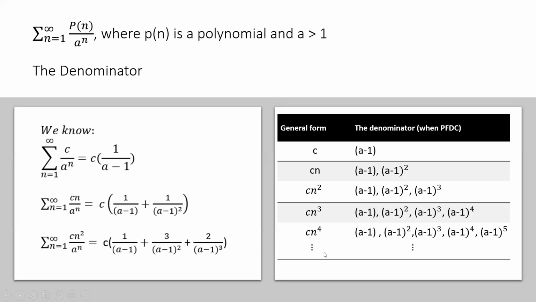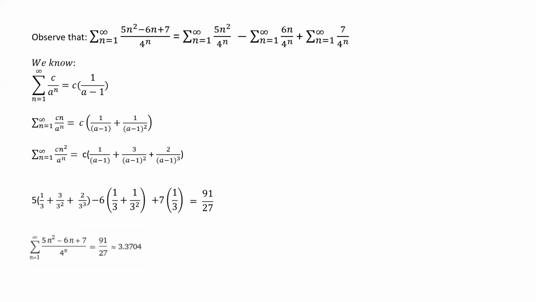And so if it was like c times n to the 7th, it would be a minus 1, a minus 1 squared, a minus 1 cubed, all the way out to the 7th power and beyond, assuming we're talking about partial fraction decomposition format, the fractions adding up, not in some kind of big product way, but still a nice format. So whatever power you're dealing with, if it's cn squared, you go out to the 3rd power. If it's cn to the 5th, you go out to the 6th power, and so forth. And that's the denominator format.